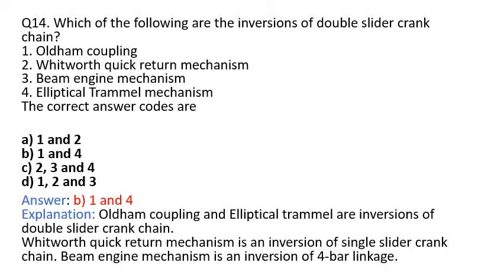And the answer is B, 1 and 4. Explanation. Oldham coupling and elliptical trammel are inversions of double slider crank chain. Whitworth quick return mechanism is an inversion of single slider crank chain. Beam engine mechanism is an inversion of 4-bar linkage.